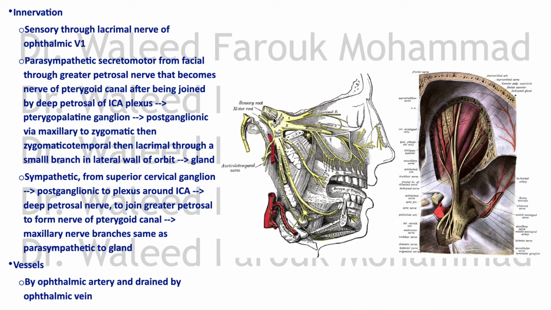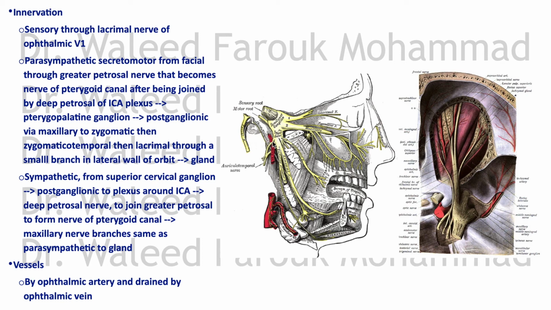Okay, the innervation of the gland. We said every gland has its parasympathetic and sympathetic supply. The parasympathetic supply of the gland, remember, the source is facial through the greater petrosal. The greater petrosal arises from the geniculate ganglion of the facial and emerges through the petrous temporal bone.